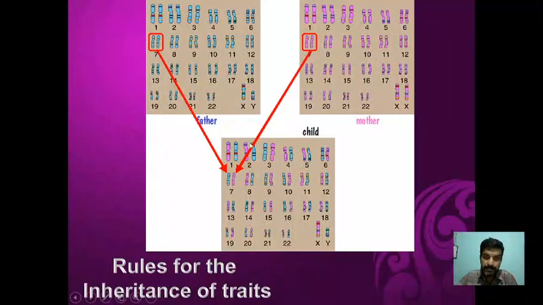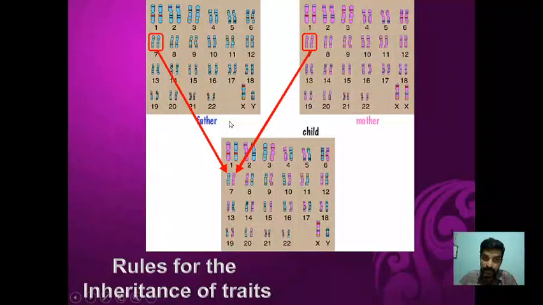Now, during reproduction, when meiosis takes place, out of this pair only one of the alleles will be transferred to the gamete. Say, for example, the sperm in case of father and the egg in case of mother. So not both will be transferred, only one.